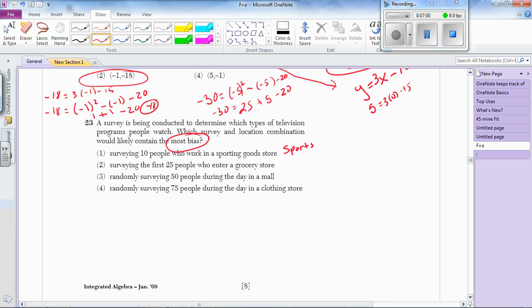If you ask 25 people entering a grocery store, that probably doesn't have a lot of bias. That's okay. Randomly surveying 50 people at the mall. That seems okay. They'll watch random stuff. Randomly surveying 75 people during the day at a clothing store. Well, a clothing store, you don't really have clothing TV, so there really isn't any bias here, so this is okay as well. So the answer is choice 1.